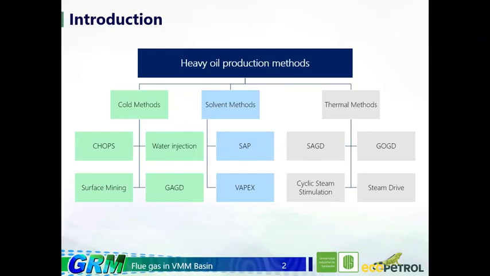The cold methods are those by which heavy oil can be produced without any addition of a chemical agent or any addition of an energy process. Among the principal cold methods are CHOPS, water injection, surface mining, and GAHD. CHOPS is cold heavy oil production with sand.